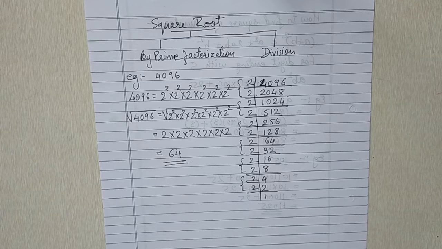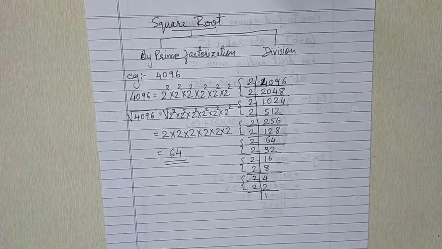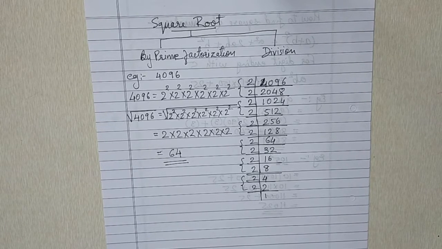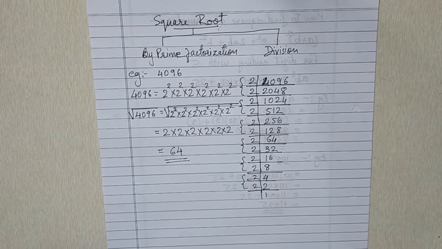Now, one more thing in this exercise is that we are not given a perfect square number, but we have to find a perfect square number by multiplying it with the required number or dividing it by the required number. And then we will be finding the square root of the new number we found. So we will see an example of both.